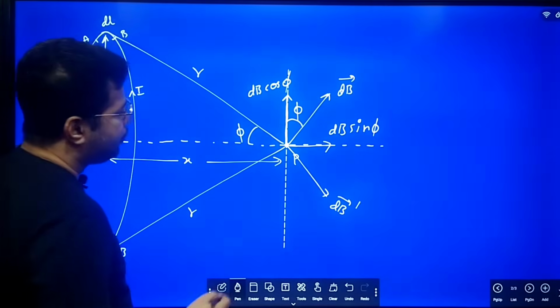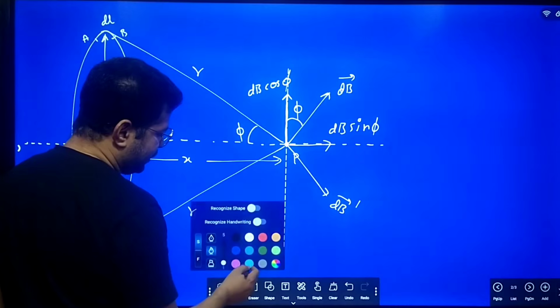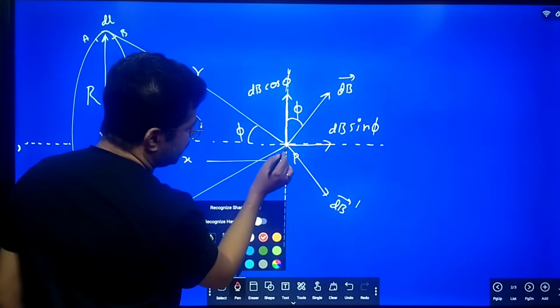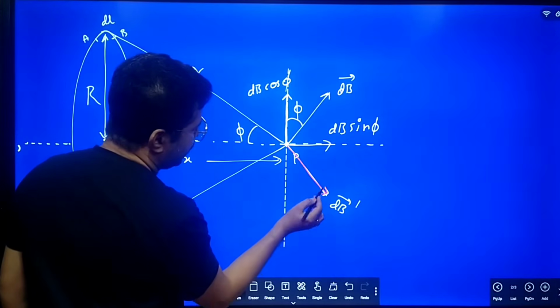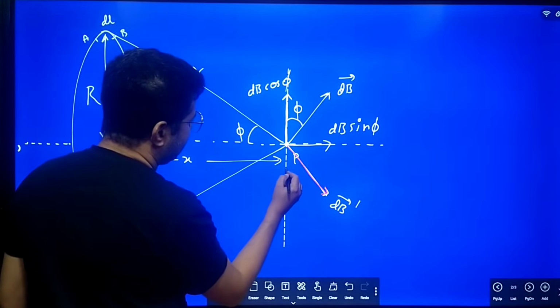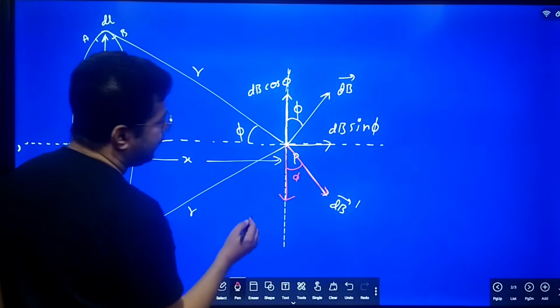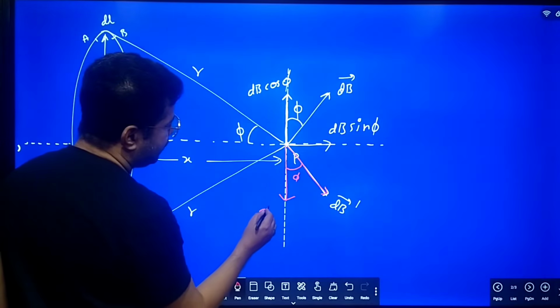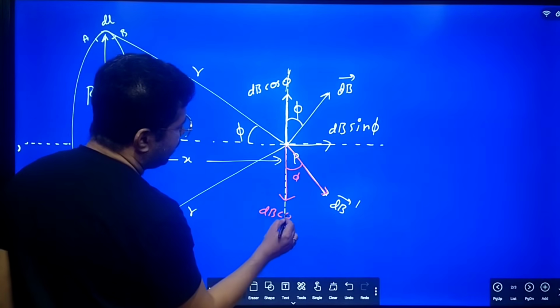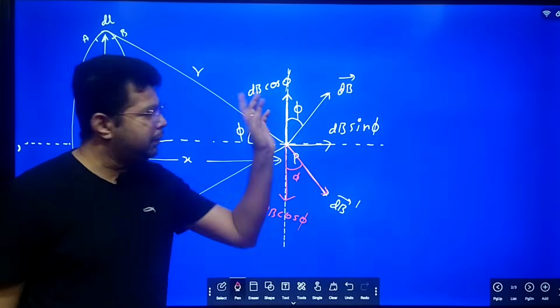Now we'll resolve this dB prime. Say this is dB prime, so we are going to resolve dB prime. If this angle is this angle, this angle will also be equal to phi. What is the vertical component of dB prime? The vertical component of dB prime is dB cos phi, because the magnitude of dB prime is the same as dB itself.